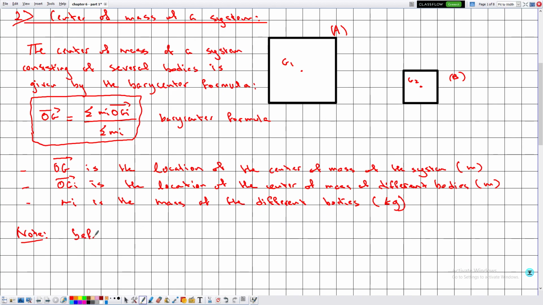Before we use the barycenter formula, we need to consider a reference XY plane.